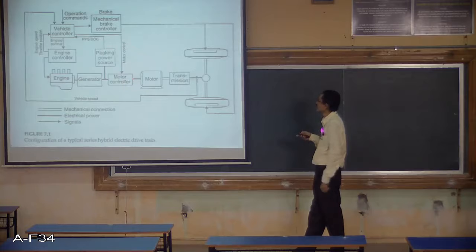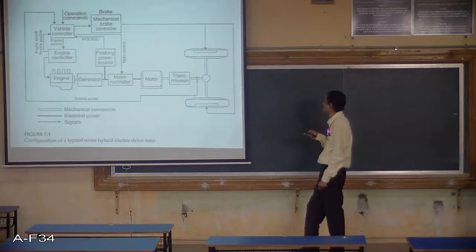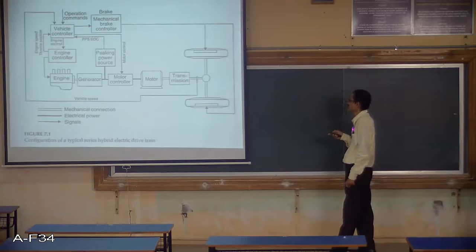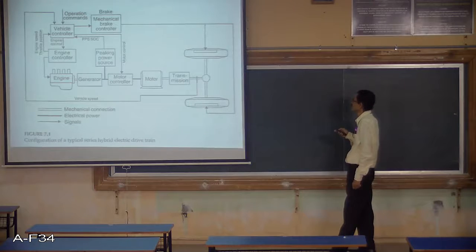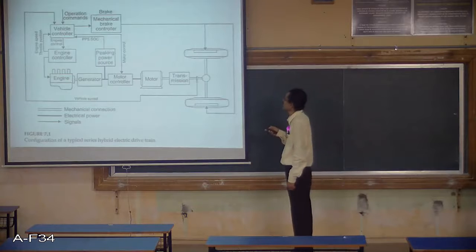So this motor controller will draw the power either from the peaking power source or the generator and then supply it to the motor. Then this is the drive train, or the mechanical transmission, and these are the wheels of the vehicle. And we have seen the mechanical brake controller shown here.